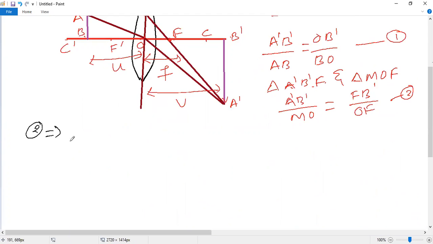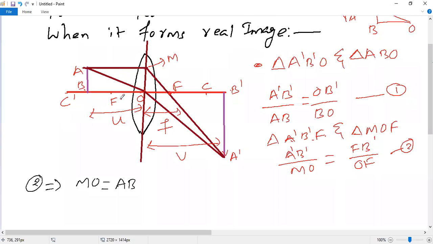In the second equation, MO is equal to AB. Refer to the diagram: O to M is equal to AB.